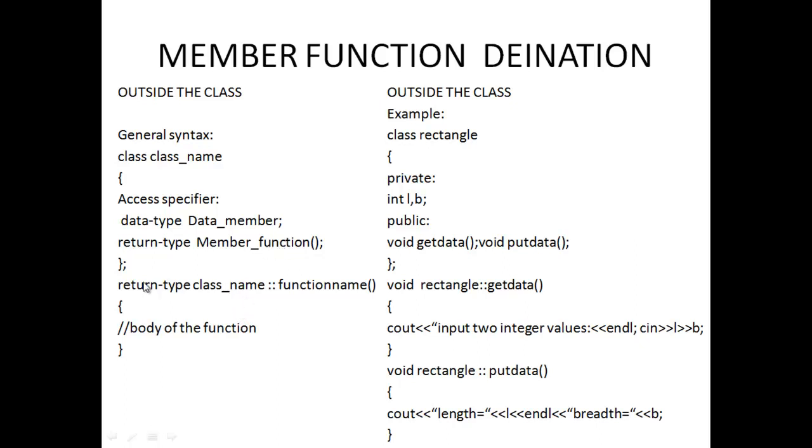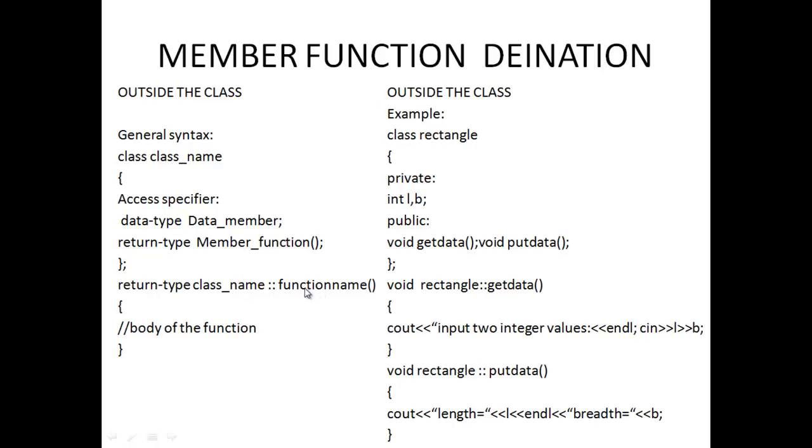That means the compiler wants to know which member function belongs to which class. So how is this type of linking done? That means the class name and member function, both are tied together. That means under this class these functions are the member functions.